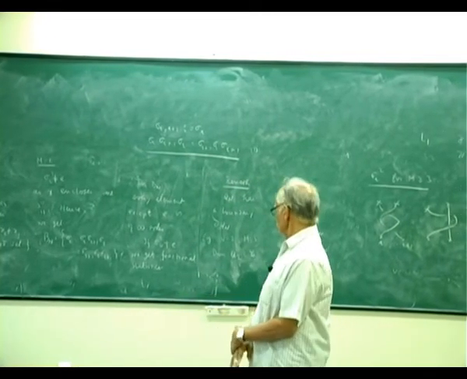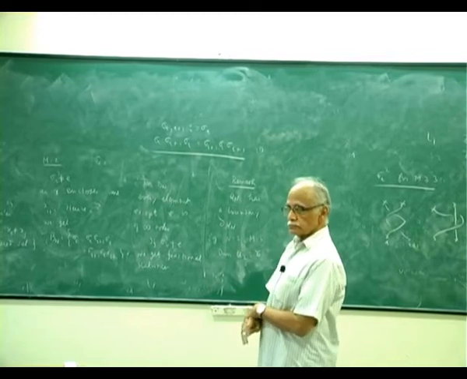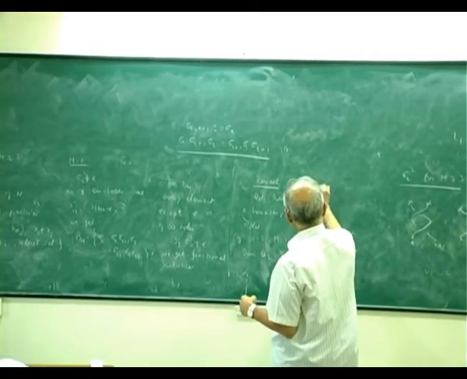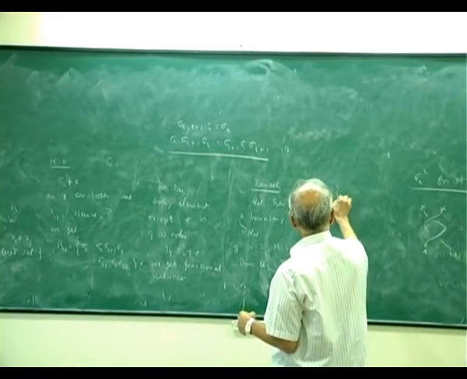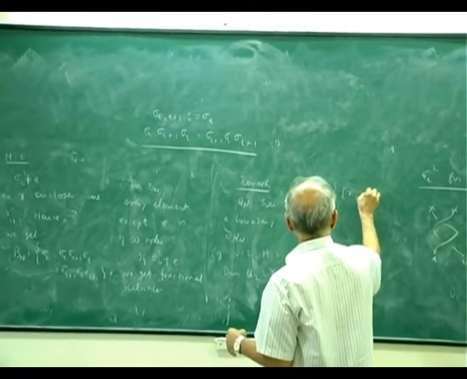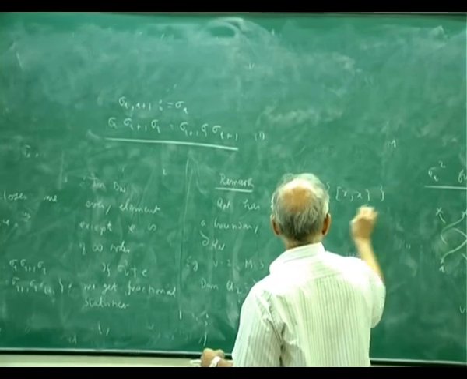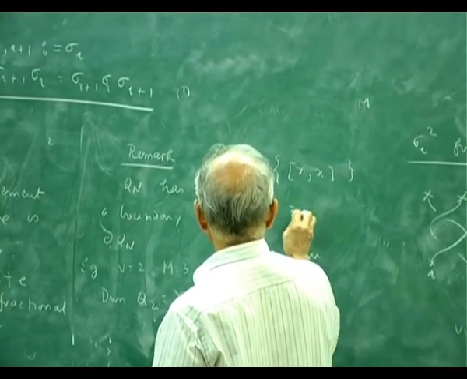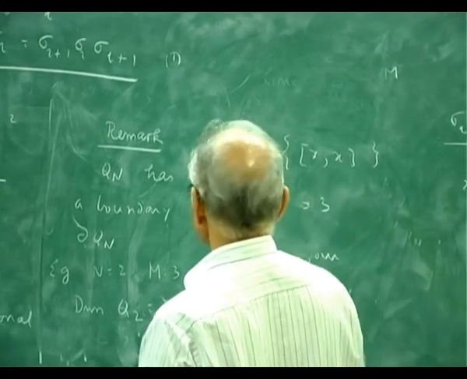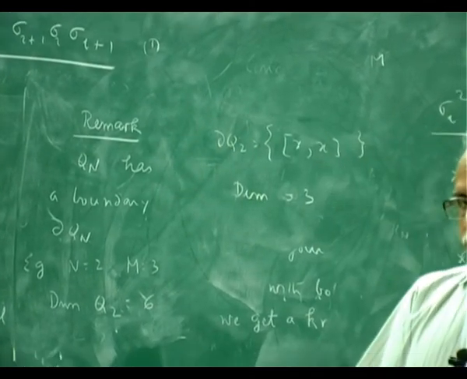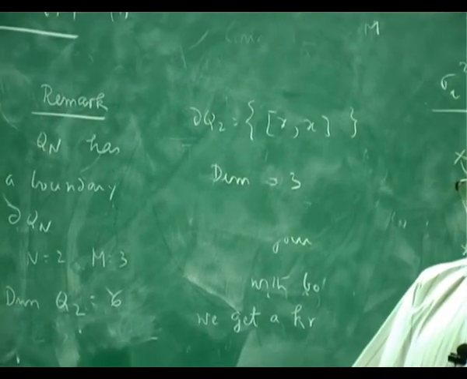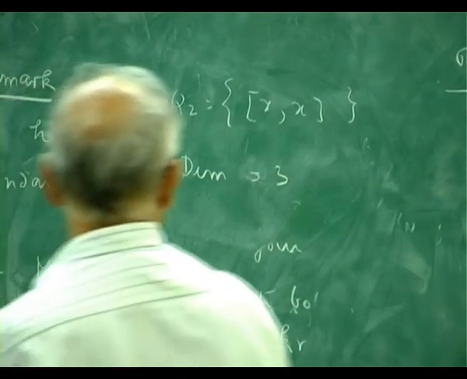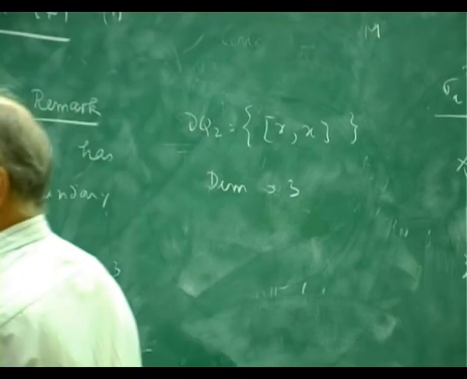What is the dimension of the boundary dQ2? It is a set of all x, x. So the dimension is 3.